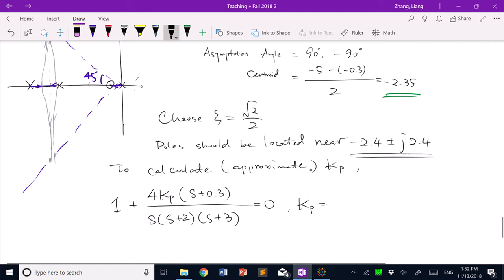And to overcome this problem, first of all we can rewrite it as minus 4s plus 3 here, and then s plus 2, s plus 3.